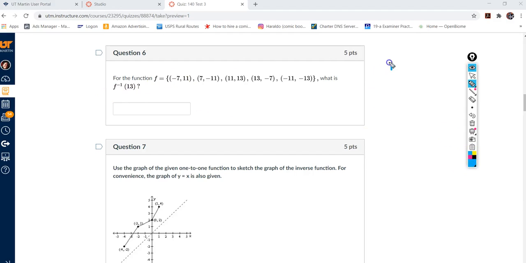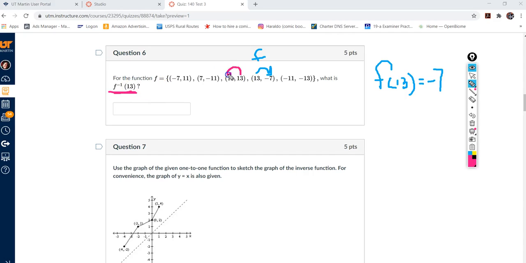If the question were what is f of 13, then you look for the x coordinate that's 13, and f maps 13 into -7. That is not what you've been asked for. You have been asked for f inverse of 13.